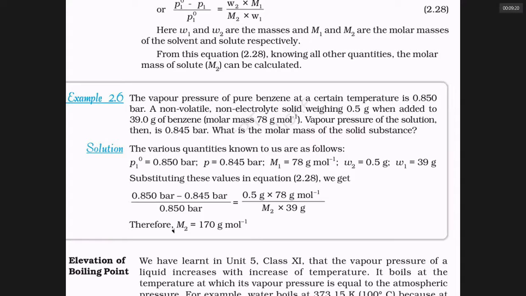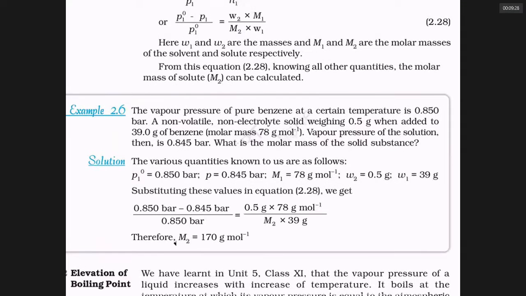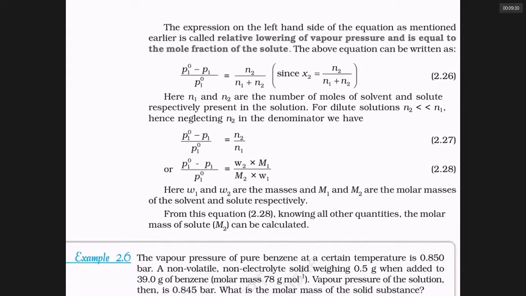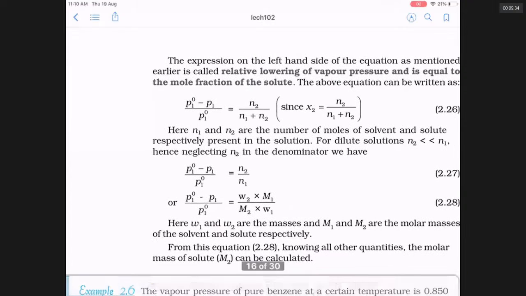Clear. Sir, I want you to kindly notice the examples of solutions showing positive deviation and solutions showing negative deviation from Raoult's law. The list is there, sir.